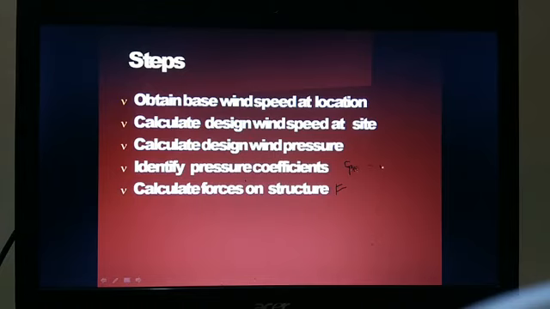For that you need the pressure, for which you need the wind speed, for which you get the wind velocity based on the map. So the steps are wind velocity, wind speed, pressure, pressure coefficient, force.